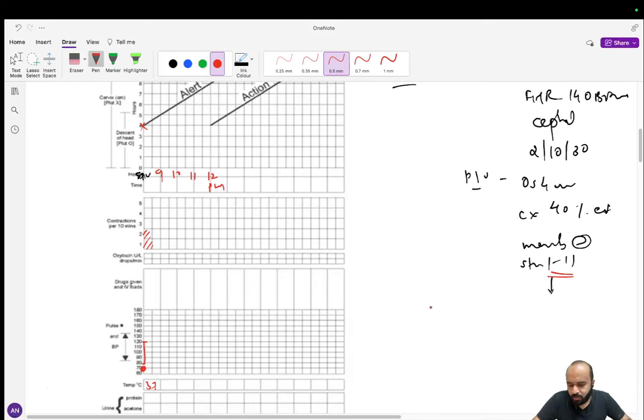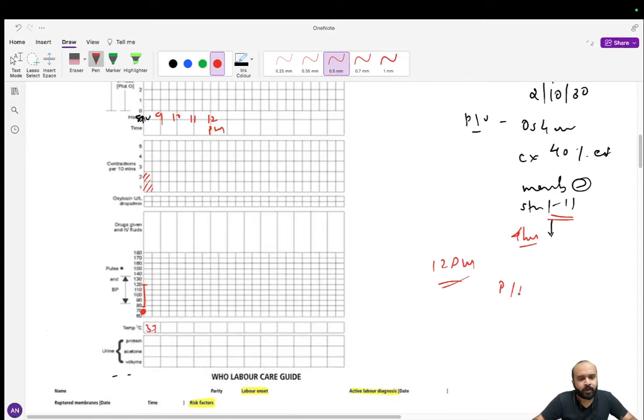So after 4 hours, at 12 p.m., her per abdominal findings were the same, full term uterus, FHR was 150 beats per minute.